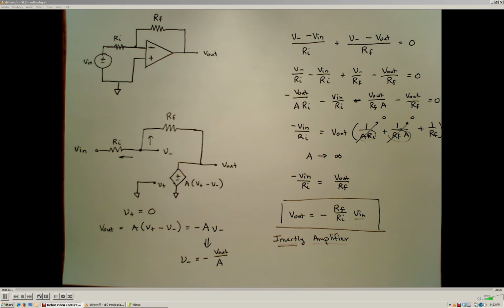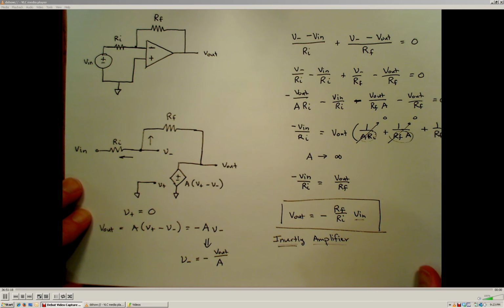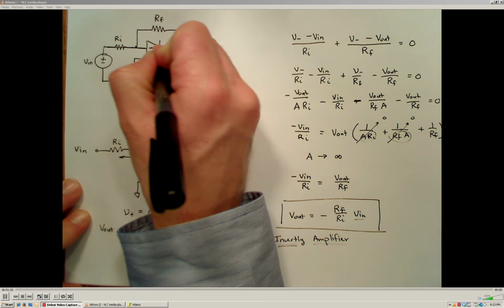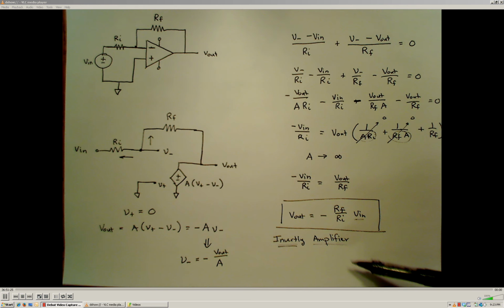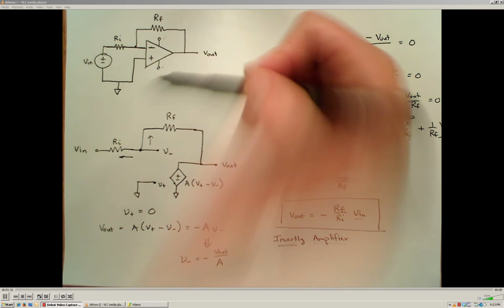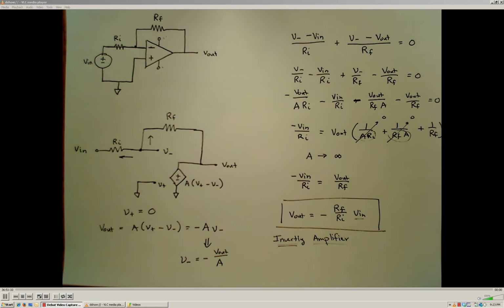Now, it's important to keep in mind that this amplifier is still limited by the limitations of the input power supplies. So the inverting amplifier still cannot provide an output voltage that is greater than or less than the supply voltages that are providing the power for the op-amp.